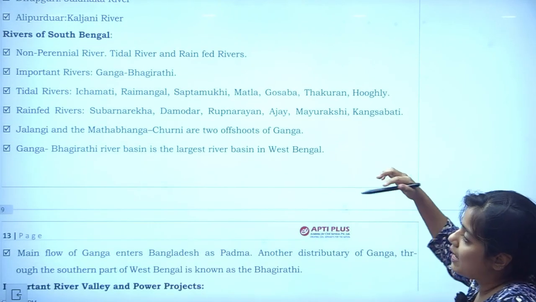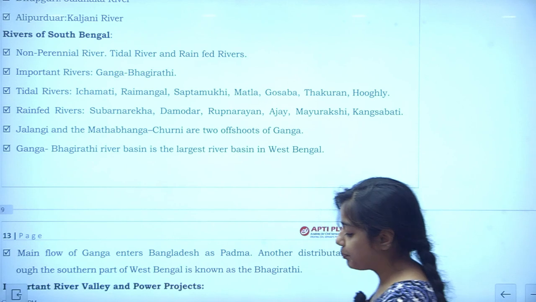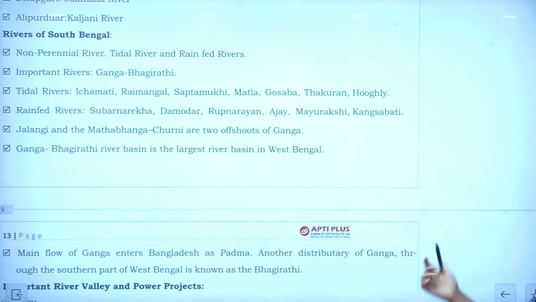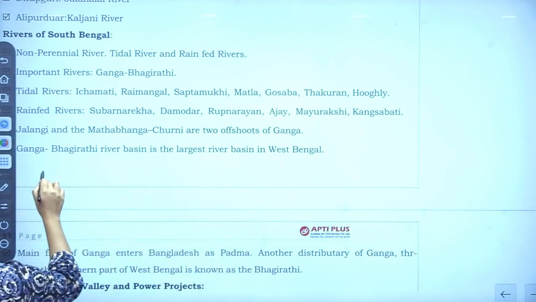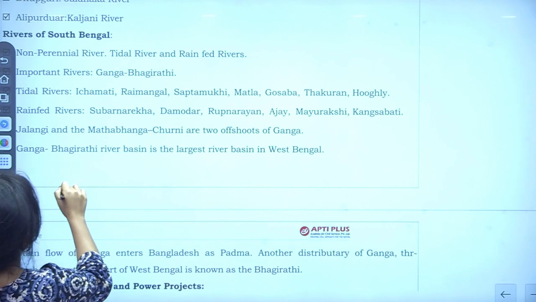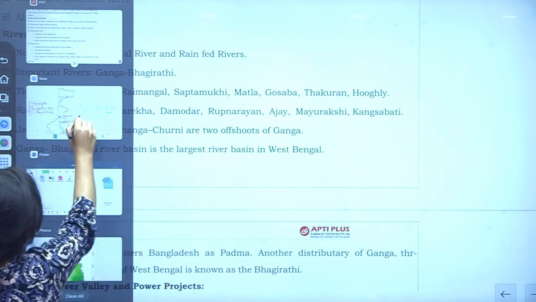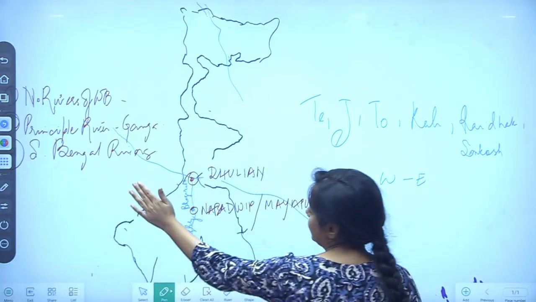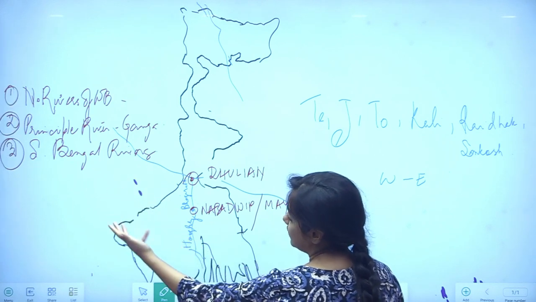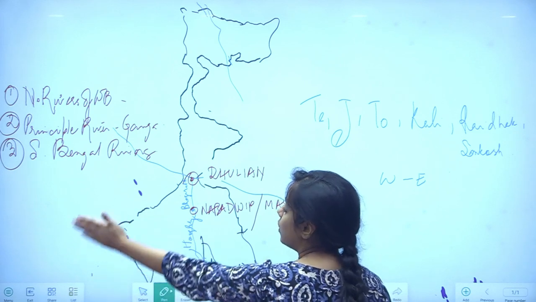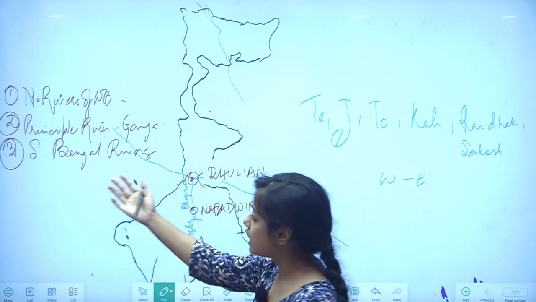So the rivers that I have been talking about are the rivers of the western side of the Ganga that I had marked. So Damodar, Mayurakshi, Kongshaboti, Keleghai, Shilaboti, Rupnarayan are all parts of this western side.